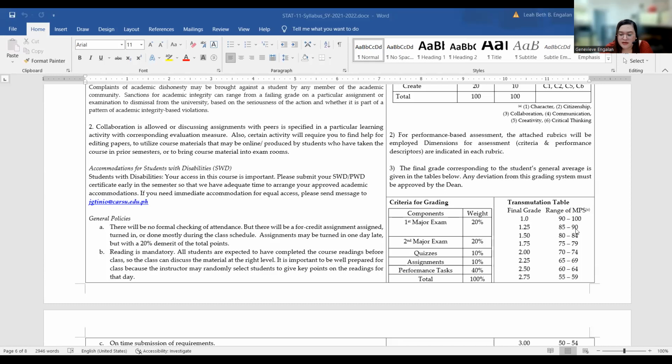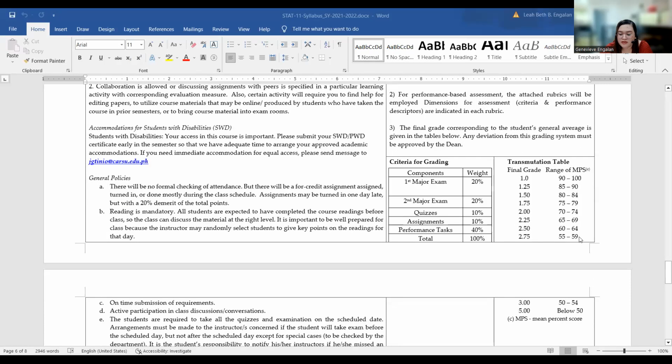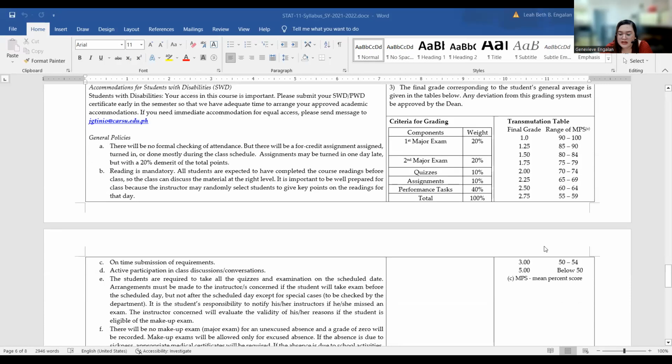Then 85 to 90, 1.25, 1.50, 80 to 84, 1.75 is 75 to 79. Ang 2 is 70 to 74. Ang 2.25 is 65 to 69. Ang 2.5 is 60 to 64. Ang 2.75 is 55 to 59. Then, ang 3 is 50 to 54. Pag below ka sa 3, 5 na ka automatically.